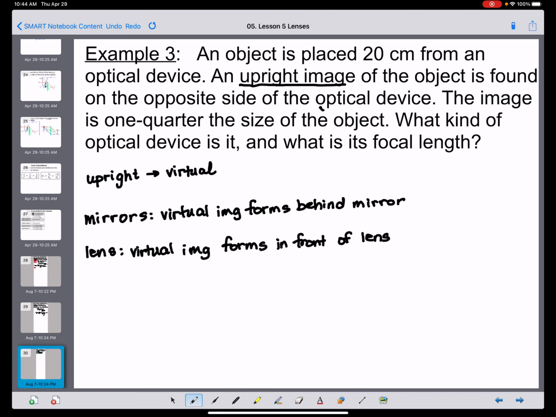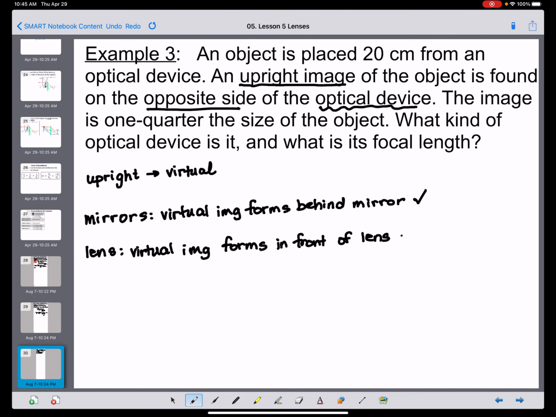So here, when they use the words optical device, it could be a lens or it could be a mirror, and they're not telling you which one. So you have to figure out, is this a mirror or is this a lens? Because they're telling us that the image is found on the opposite side of the optical device, so the object is on one side and the image is on the other, we're in this case here.